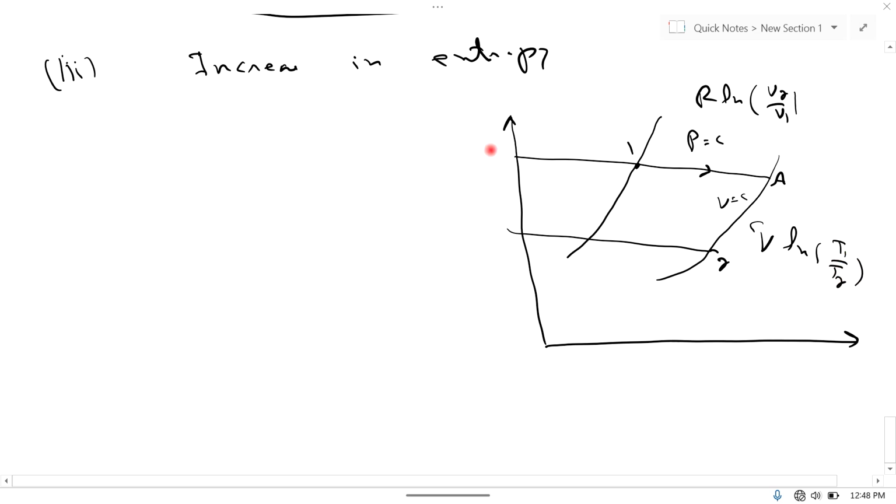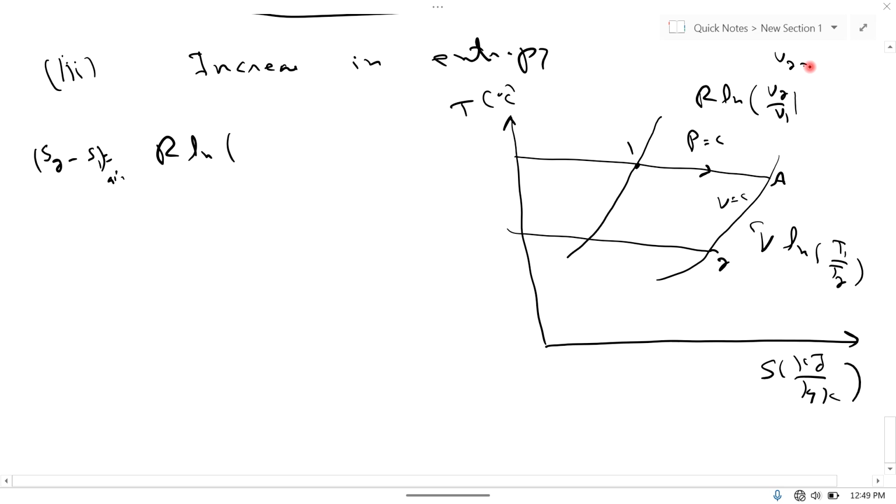This is temperature in degree centigrade, this is entropy in kilojoule per kilogram per Kelvin. So entropy change is equal to R; first we find for air, then for carbon monoxide. For air it is R natural log of V2 divided by V1. But this V2 is basically volume of the mixture.